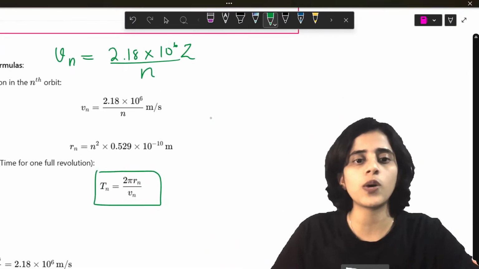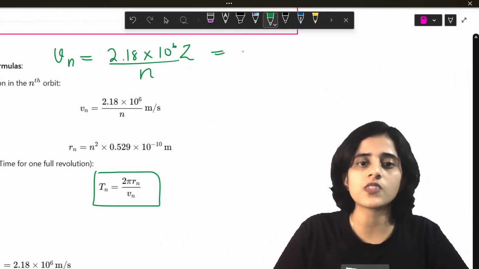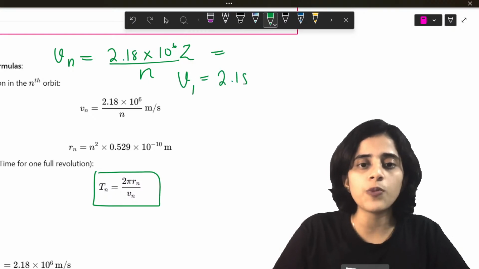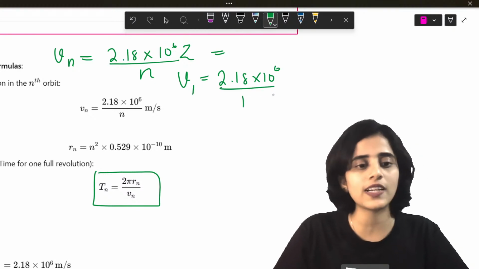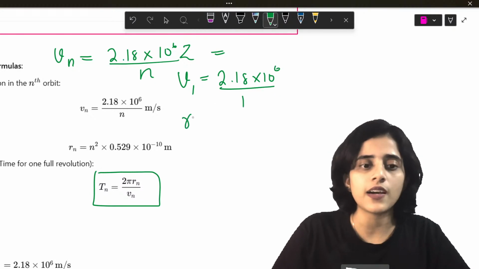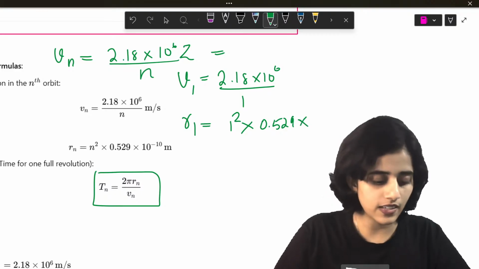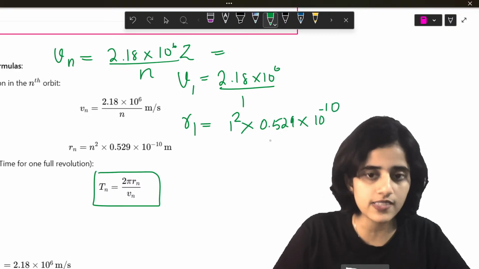I will just show you one. So this will be for first orbit. V1 will be 2.18 into 10 raised to 6 by 1, which is 2.18 into 10 raised to 6. Now R1 will be 1 square into 0.529 into 10 raised to minus 10.